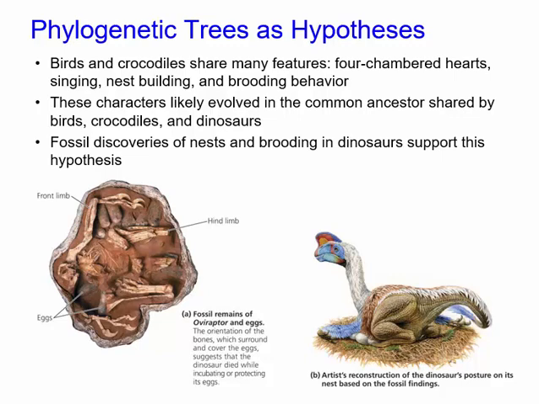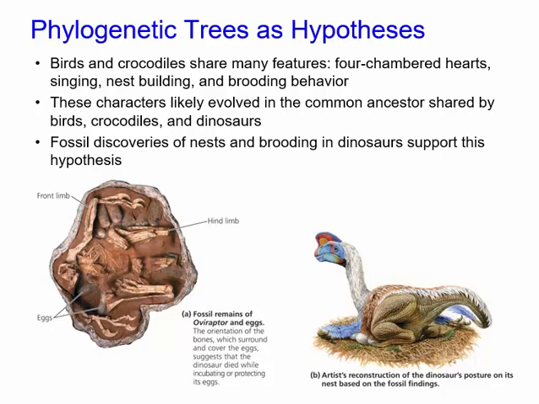And so, based on this kind of information, here's what birds and crocodiles share: four-chambered hearts, singing, nest building, brooding behavior. Now we can say, well, we'd expect to see some of those things in dinosaurs.